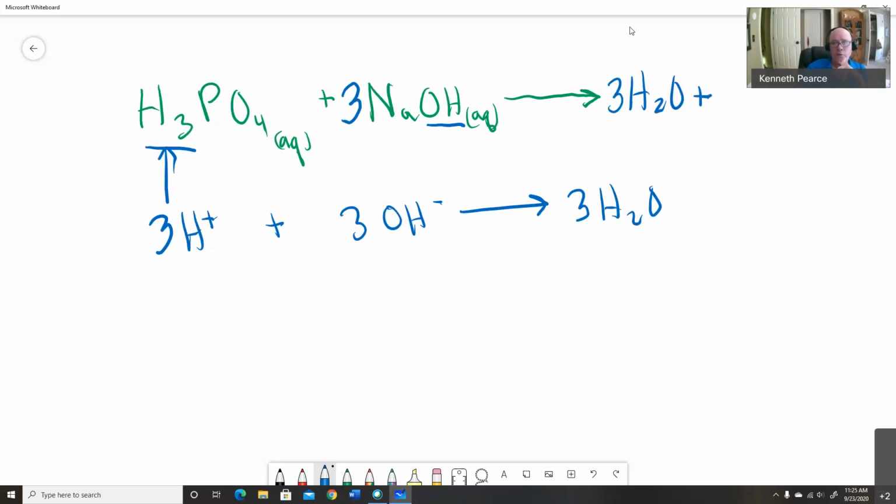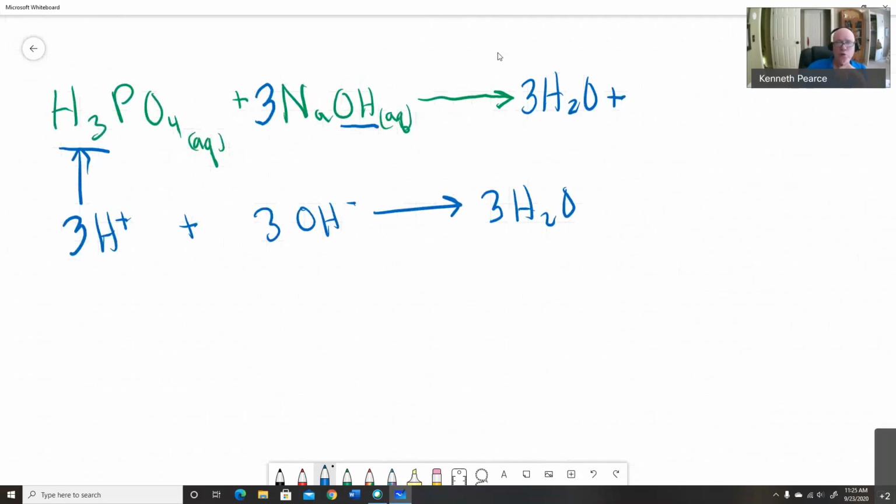And we get the salt. And what's the salt? Well, the salt is those 3 sodiums with the phosphate. And I know that's right for the sodium phosphate because we started out with sodium plus and the phosphate ion. This is another reason why it's important to memorize your polyatomics.